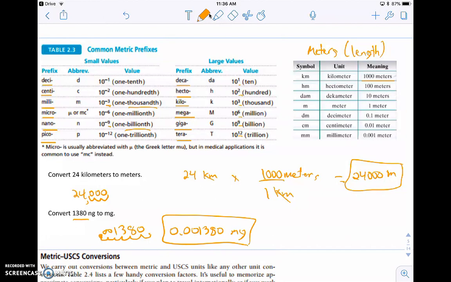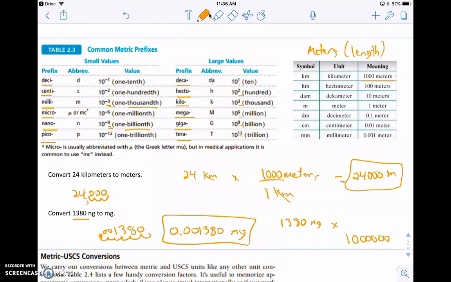Okay, the other way you could do this is you could say 1,380 nanograms, and you could times this by, and here's where it gets a little bit complicated, because you just have to check your decimal places. So let's see, 1, 2, 3, 4, 5, 6. Again, we're going from the thousandth to the billionth, so that's 6 decimal places.